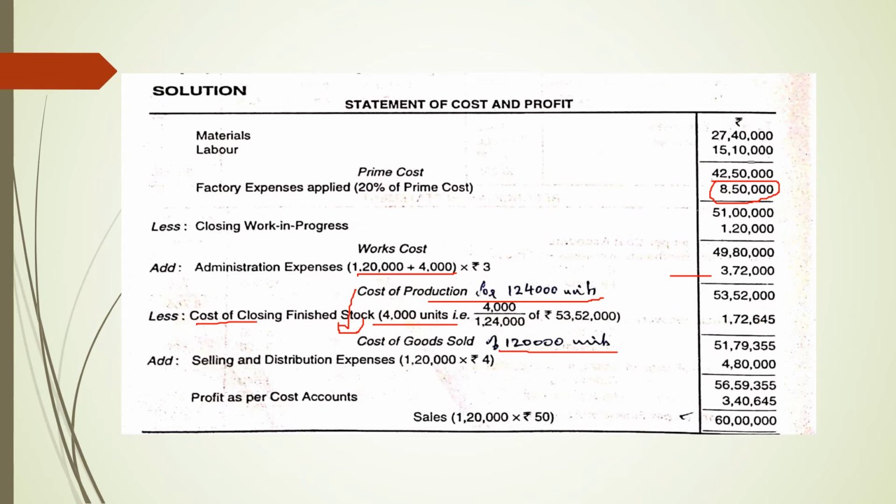Then add the selling and distribution expense. Selling and distribution expense is incurred per unit sold. The per unit selling charge becomes 4. Therefore, for 1,20,000 units, the selling and distribution expense incurred is 4,80,000. So add the selling and distribution expense to the cost of goods sold.